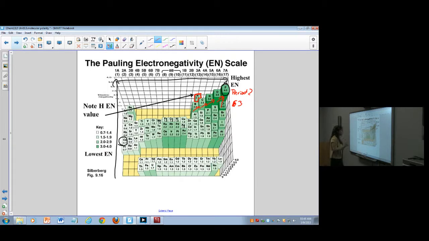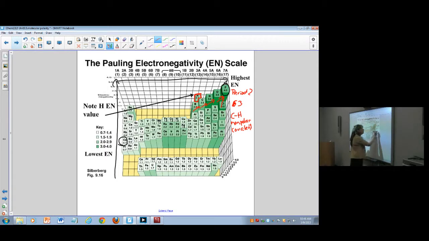Another thing we learned and should remember is that a carbon-hydrogen bond, even though it has some difference in electronegativity, by definition, we call this a nonpolar covalent. So that's by definition.